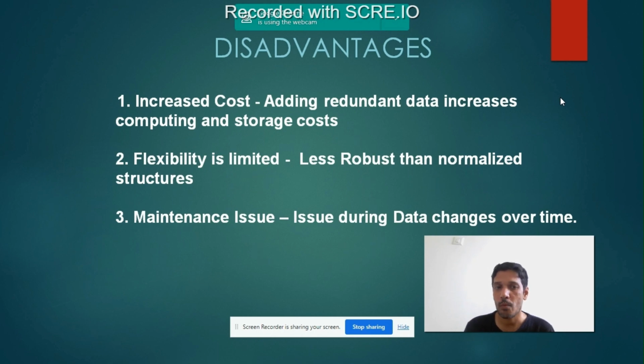It is much less robust than normalized structures. The third one is the maintenance issue, because if the data changes over time, if you have any attributes you want to change, you have to change them in all the dimension tables, which will create a maintenance issue. So these are the disadvantages.